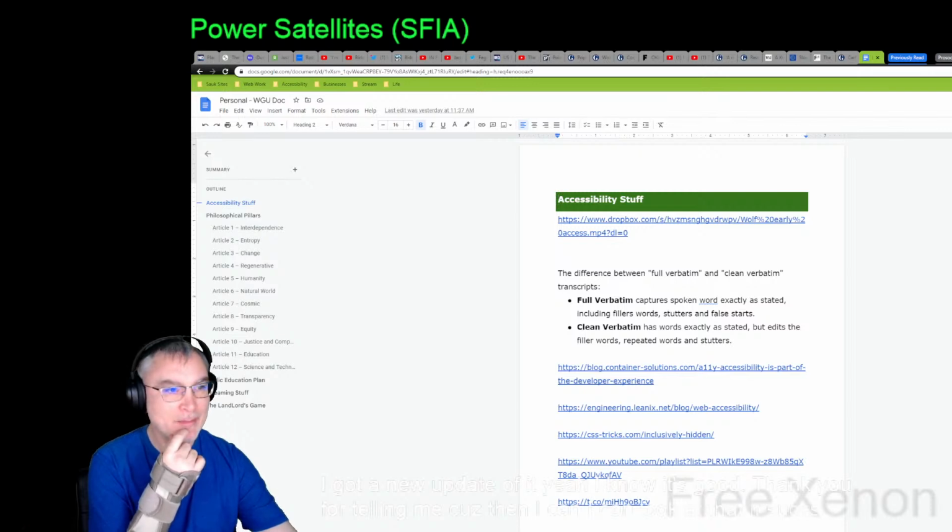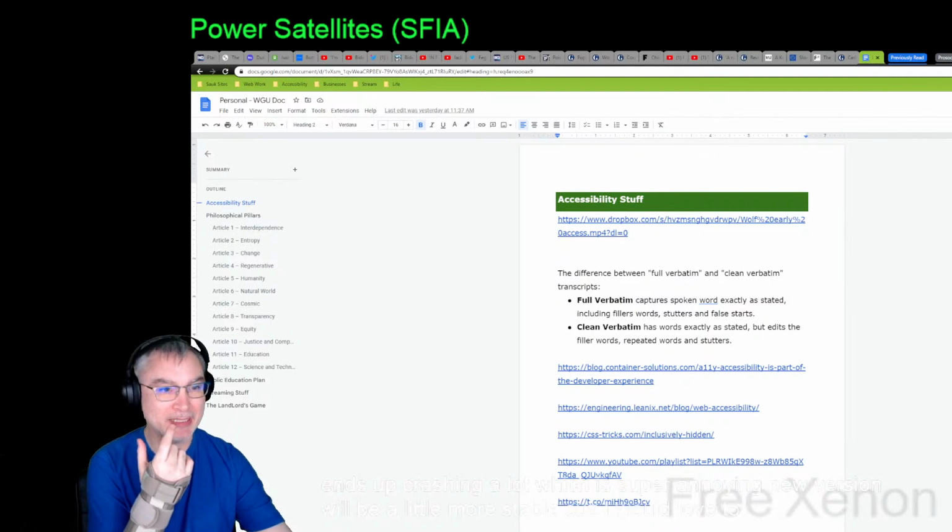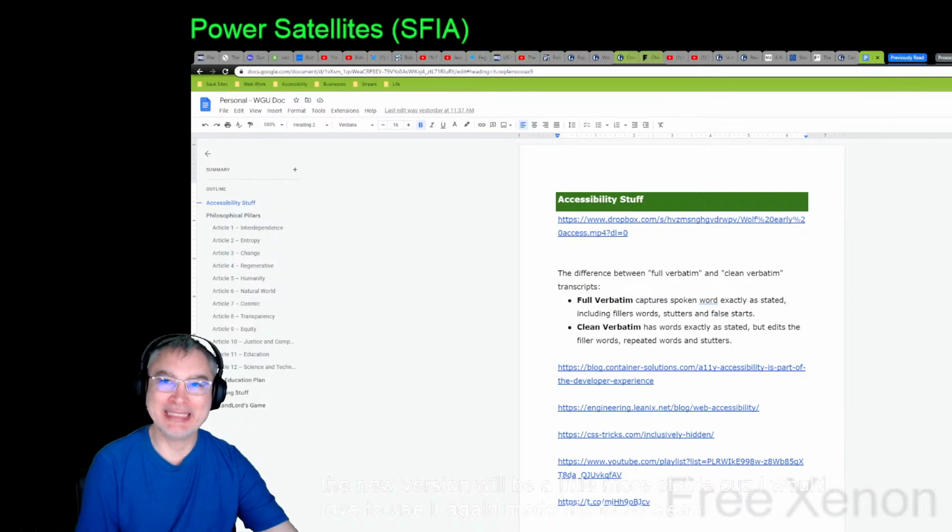It sucks that I got the new video card several months ago, and I was really excited about that, so I could use NVIDIA Broadcast to clean up my audio. And then it ends up crashing a lot, which is super annoying. Hopefully the new version will be a little more stable, because I would love to use it again. Made it so clean. So clean.